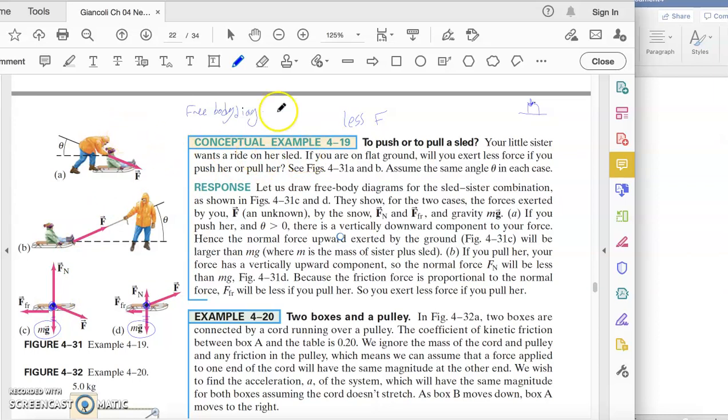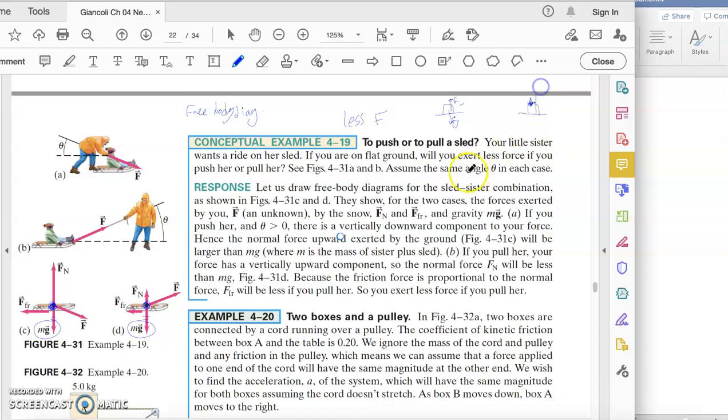Again, if you remember when there was only an object on the surface, Fg used to be equal to Fn. So we will draw them the same size, but of course with different directions. So this is mg or Fg, and this is Fn, and it's at rest, so they are equal to each other. But when we apply an external force, as a reaction, the surface will push further.